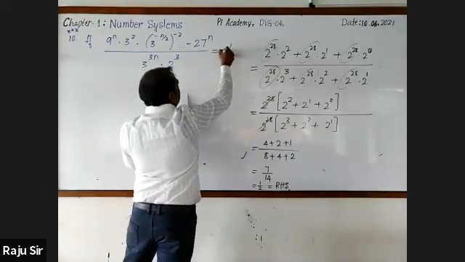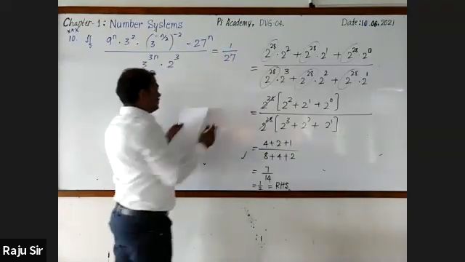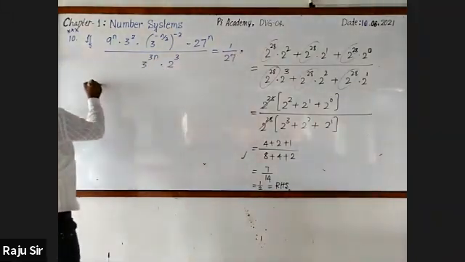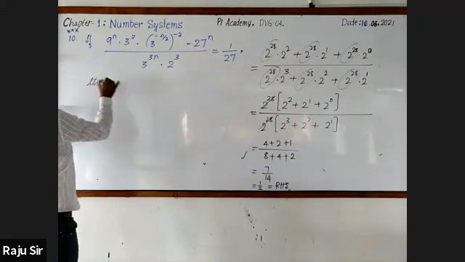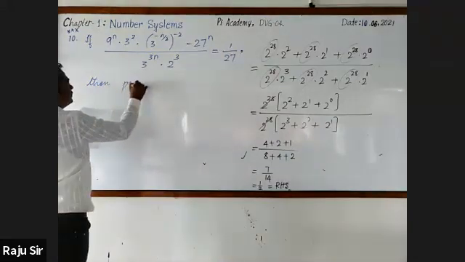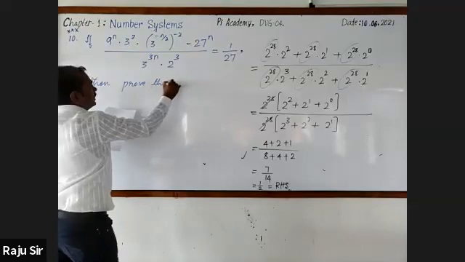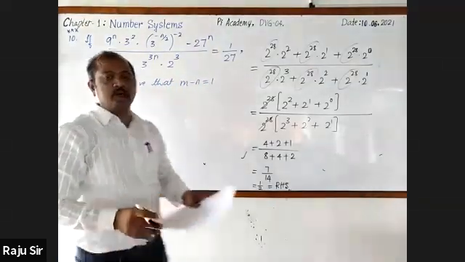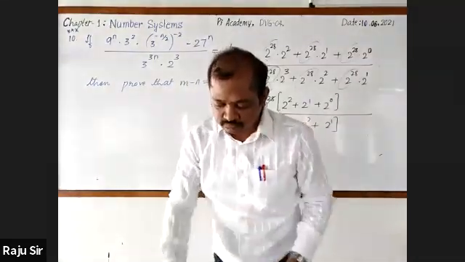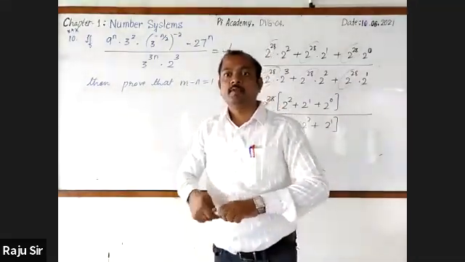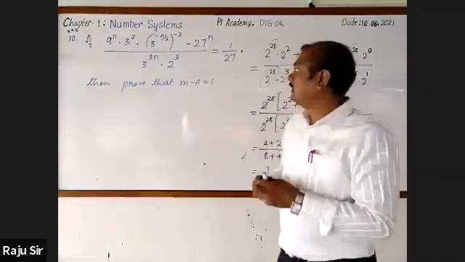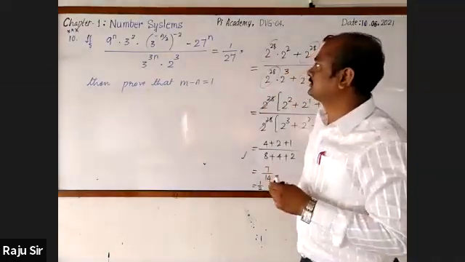This is equal to 1 by 27. If it is so, then prove that m minus n equal to 1. Let us go for proving this.